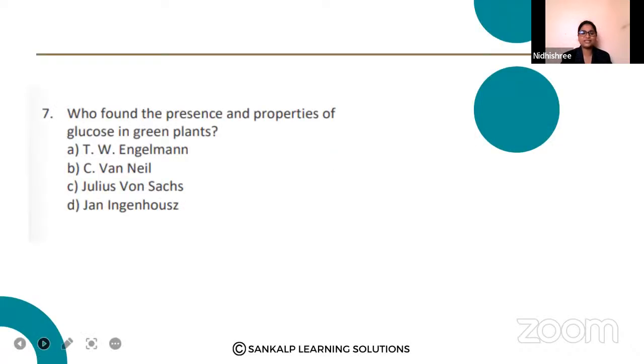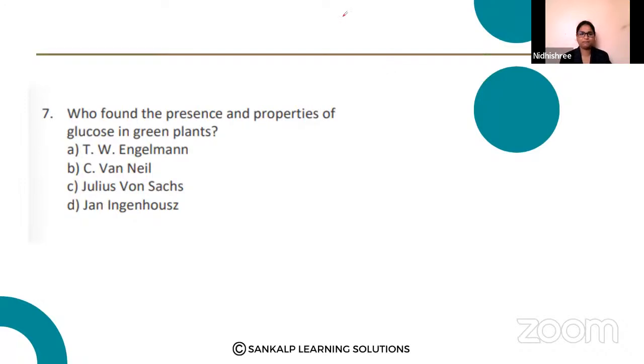Next, who found the presence and properties of glucose in green plants? Option A, T.W. Engelmann. Option B, C. B. Van Niel. Option C, Julius von Sachs. Option D, Jan Ingenhousz.